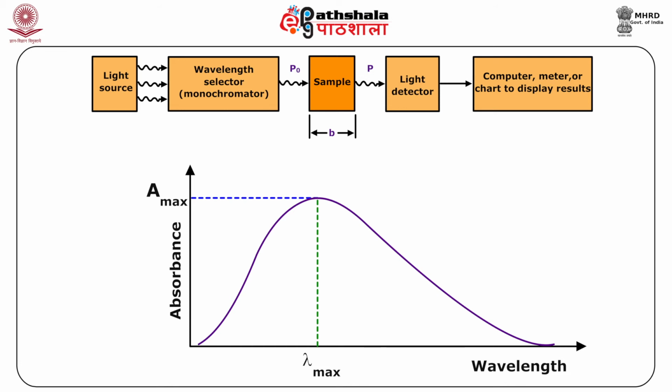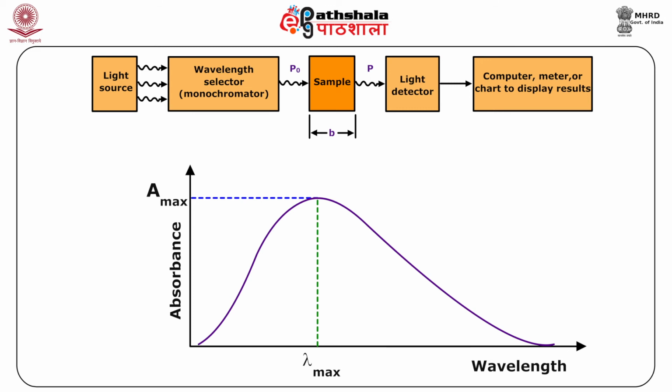Since the Lambert-Beer's law is applicable only to monochromatic light, the monochromator, which serves as a diffraction grating, selects a very narrow band of light which passes through the sample that absorbs a certain fraction and transmits the rest.